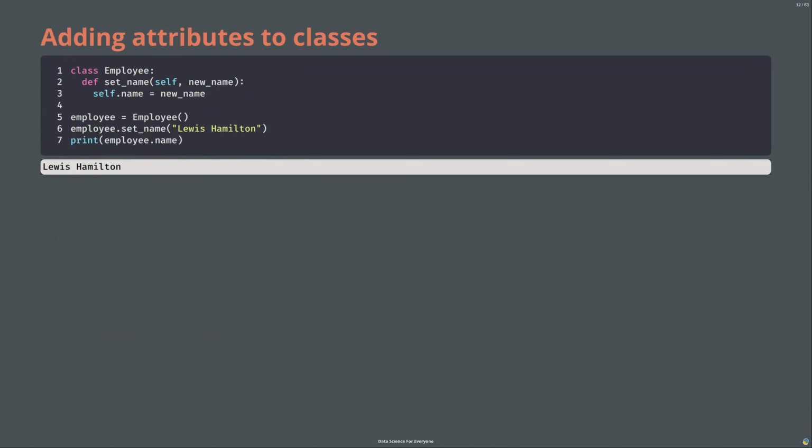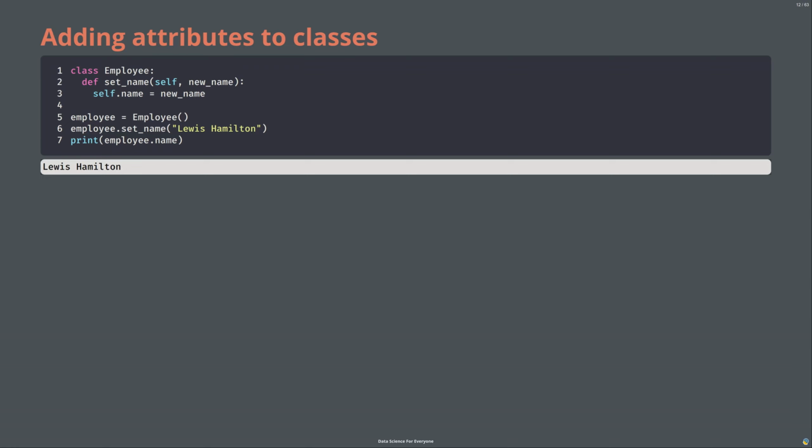Here we define a method called set_name that takes two arguments, self and new_name. To add an attribute named name to an employee object, we assign the value of new_name to self.name. Since self represents the object itself, using self.name is the same as writing object.name.